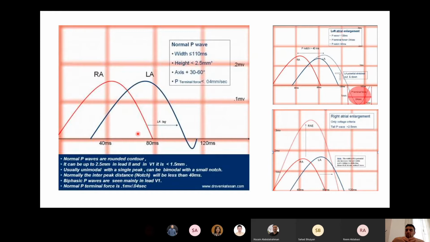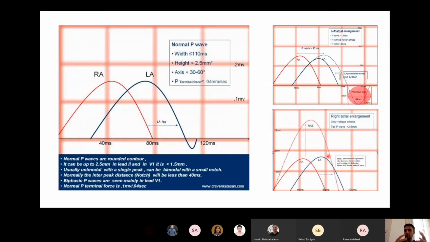So if you have, let's say, pure right-sided atrial enlargement, you will get a huge P wave from the beginning, and then somewhere in the middle you'll start to get left atrial activation, but eventually the combination of both would be just one big, large P wave.